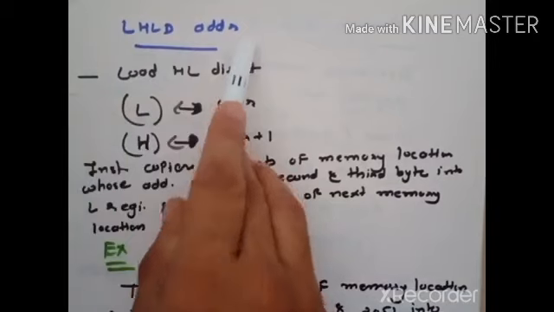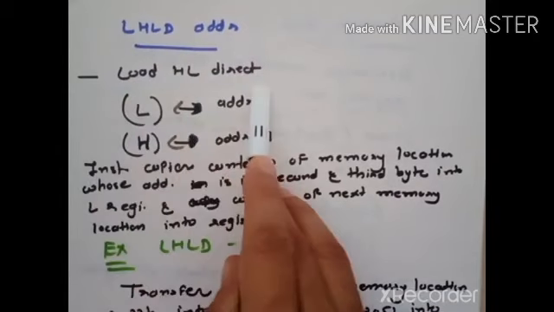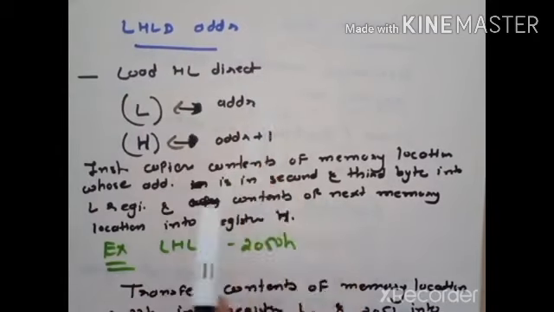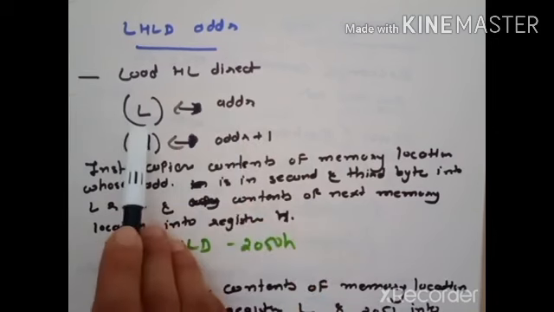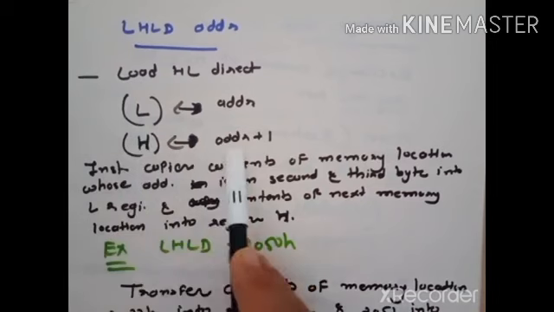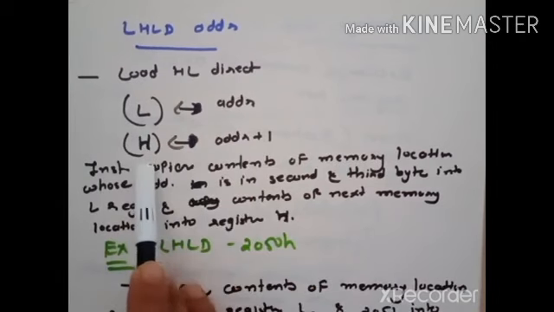Next instruction is LHLD address, that means load HL pair direct. So in this instruction content of address is transferred to L register and content of address plus 1 is transferred to H register.